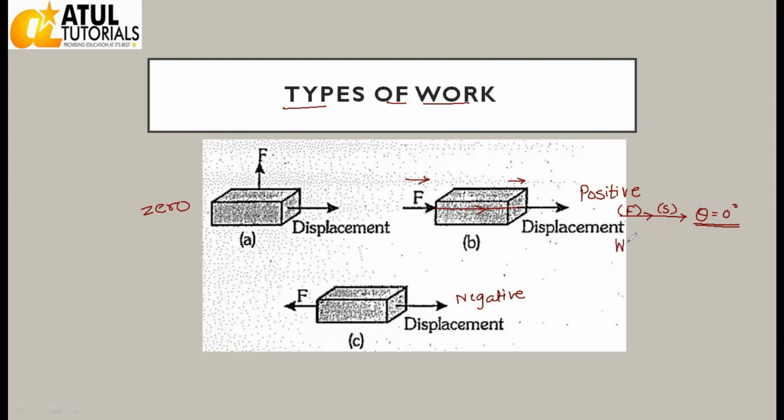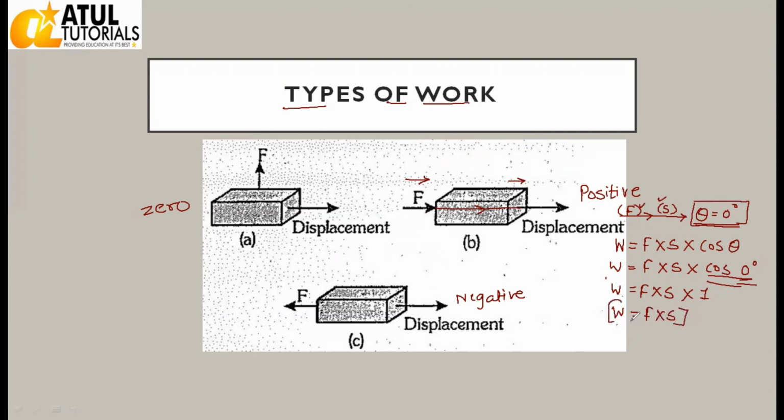So if we calculate work done in terms of this formula, F into S into cos theta, that means F into S into cos 0, because the angle between the force and displacement is 0, because both are in same line. Therefore, work done is equal to F into S into cos 0, which is equal to 1. So therefore, the calculation for the work done is equal to F into S, that means positive.